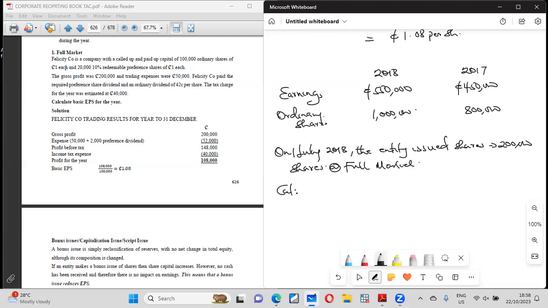So calculate earnings per share for both years.